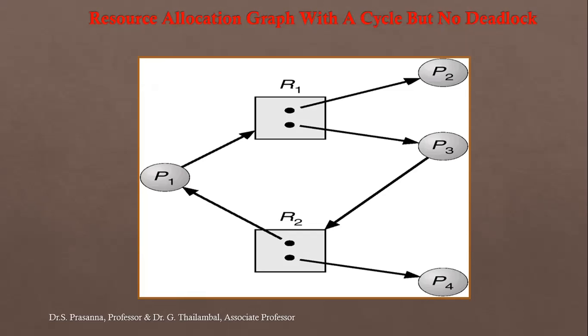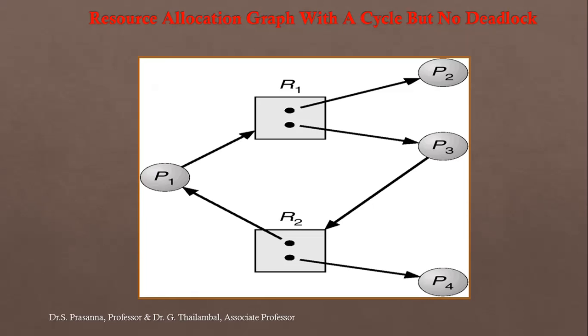So it is going to complete its execution and release the resource R2. Now R2 is requested by P3, so the P3 will complete its execution with the R2 instance, and the resource requested by P2 is available. So therefore, a resource is given to P2, therefore P2 will get completed.